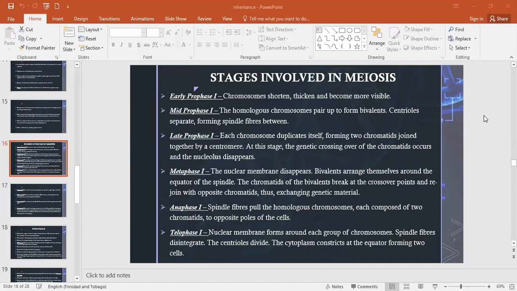All right, so you have three prophases. You have early prophase 1, mid prophase 1 and late prophase 1. We are still on the first set of processes, so after prophase, you come to meta, then ana, then telo. Remember, you have to come to an end during your first stages of meiosis, and then you also have to come to another end when you are finishing.